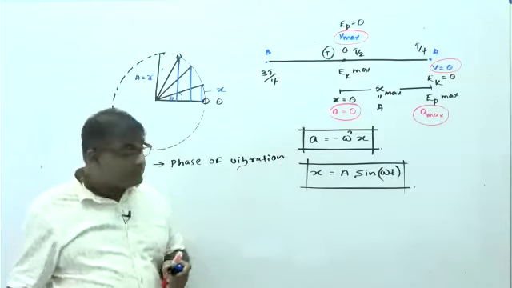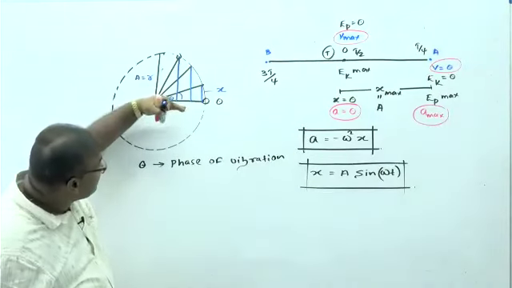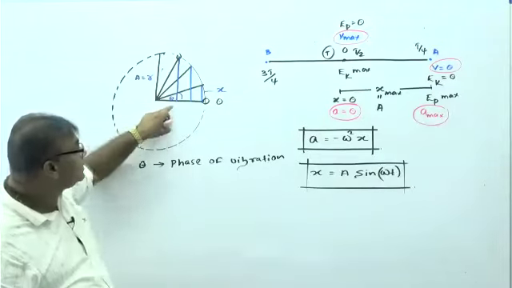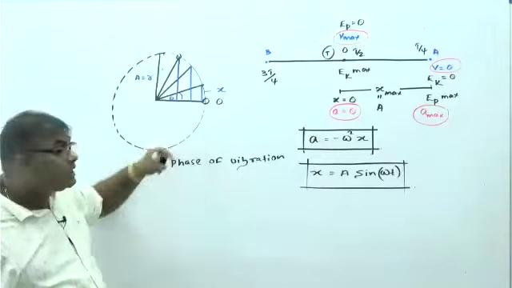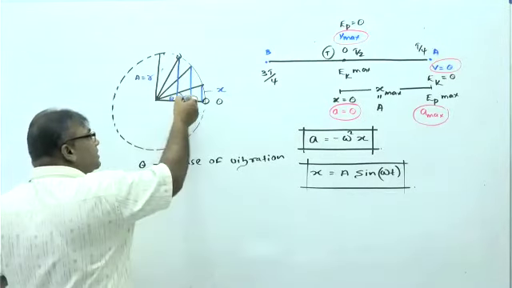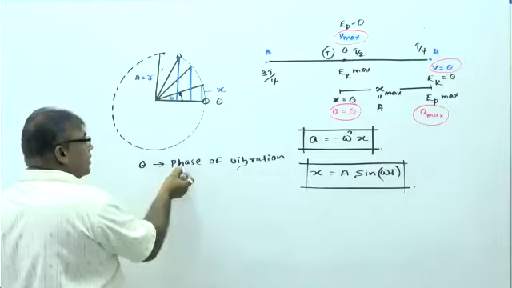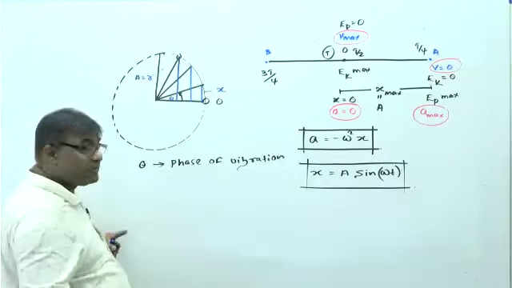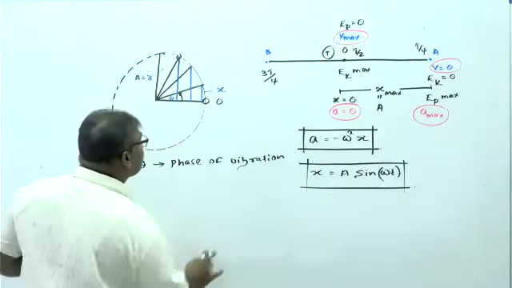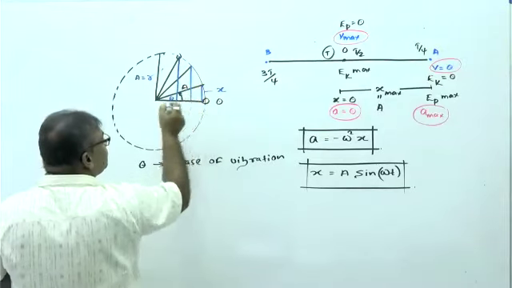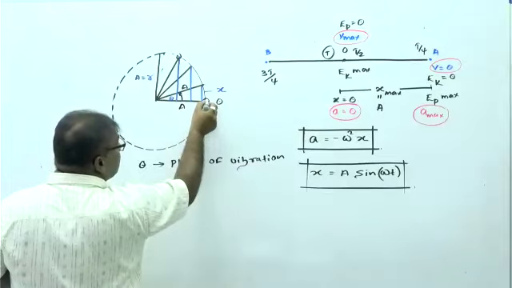Okay, then the phase of vibration is the displacement from O, the change of subtended angle from the starting point. The change of subtended angle at the center of the simple harmonic motion is called phase of vibration. Then we can say the distance from here to here is amplitude. This one is also amplitude.